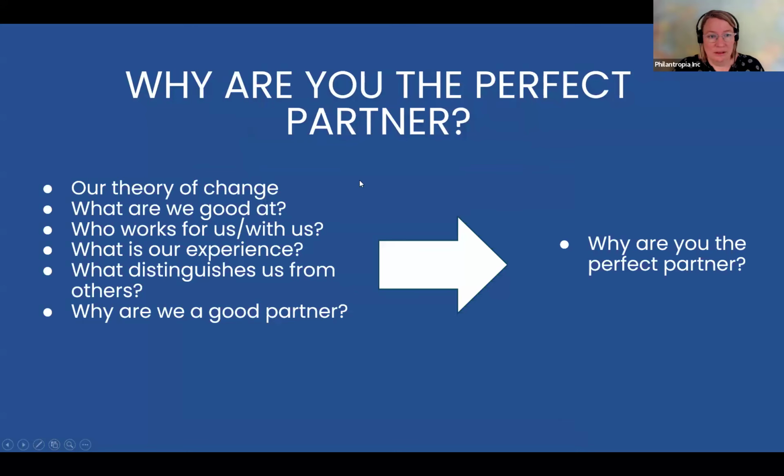So all of this together answers the question, why are you the perfect partner? Why you? Because whoever reads this should be convinced that for this project, for this particular work, you are the organization that surely can implement this project and is the perfect partner.